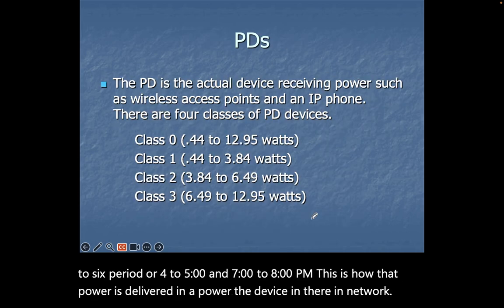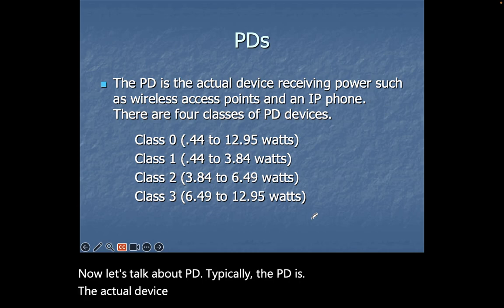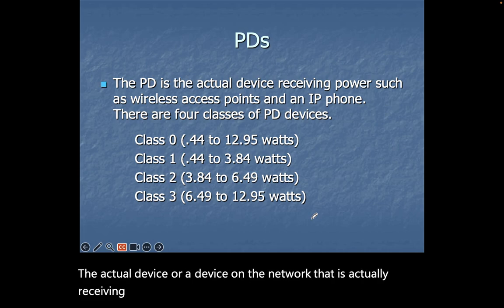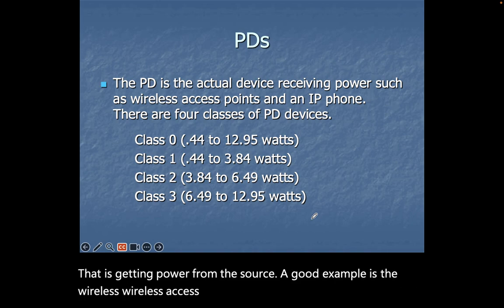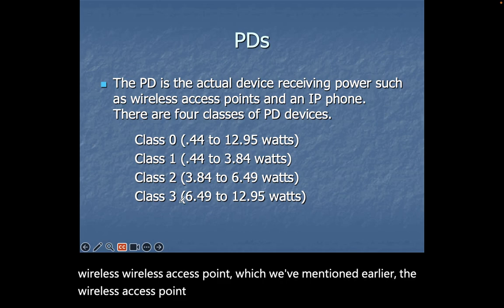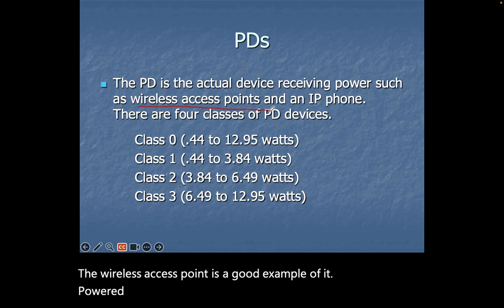Now let's talk about PD typically. The PD is the actual device on the network that is receiving power from the source. A good example is the wireless access point, which we've mentioned earlier.